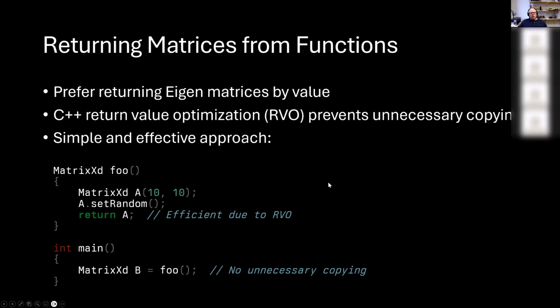You have to have, I think, C++11 or above compilers for this to work perfectly. Then in your main code, you call MatrixXd B equals foo, and there is no copying. So basically, you can create functions that create matrices and vectors and return them, kind of a factory function.